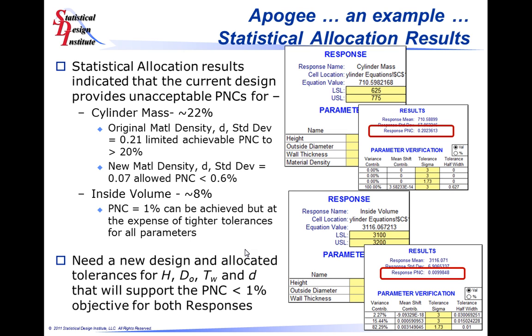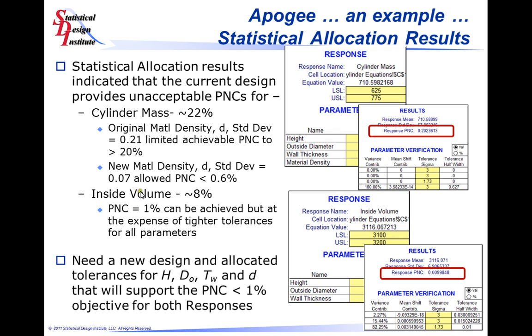When we tried the statistical allocation, we found out that we could marginally get there, but primarily we had to really tighten up the tolerance on the uncertainty of the material density. And with that, by getting its standard deviation down to about 0.07 from the original 0.21 that we had at the beginning, we could get the PNC for the cylinder mass down to about 0.6%, less than our 1% objective.